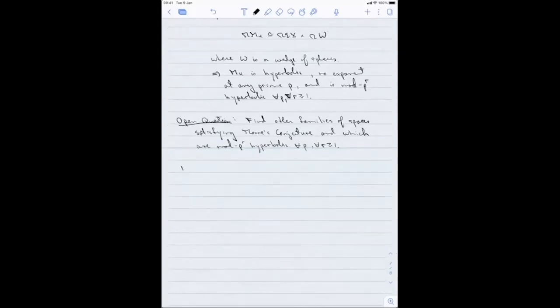So a third sort of problem here would be to look at these rational connections a little more closely.